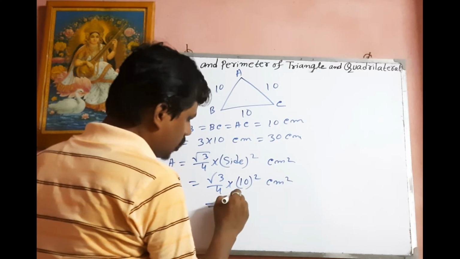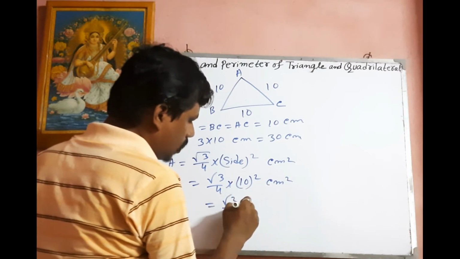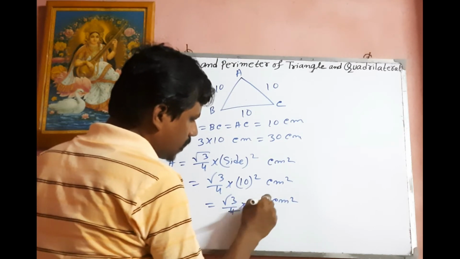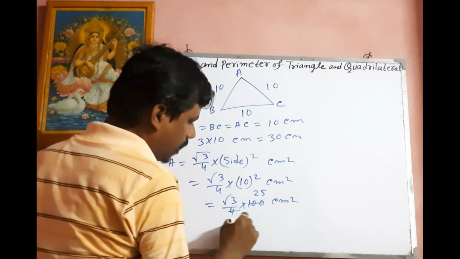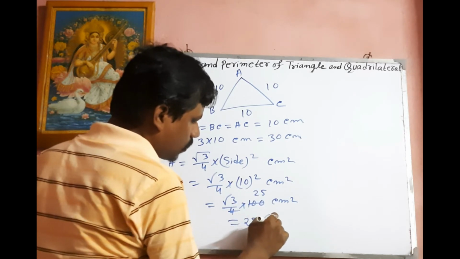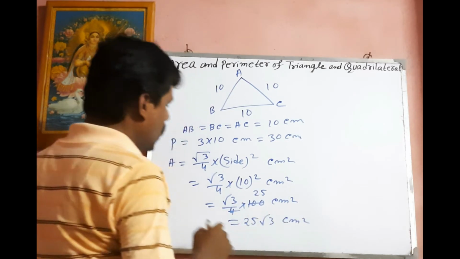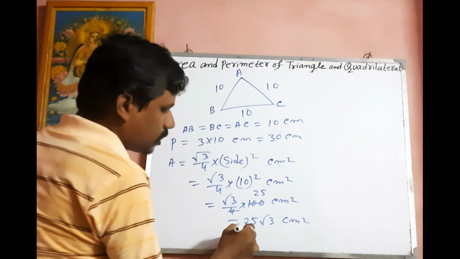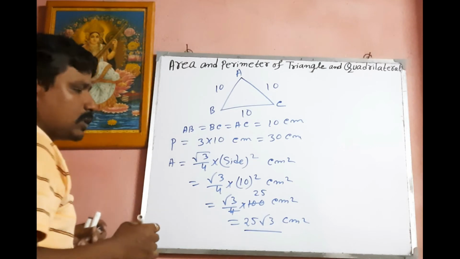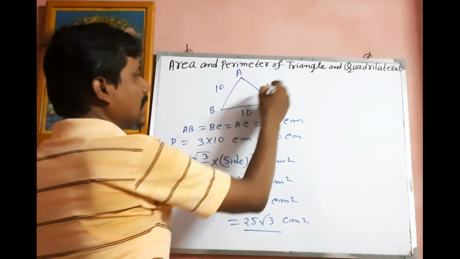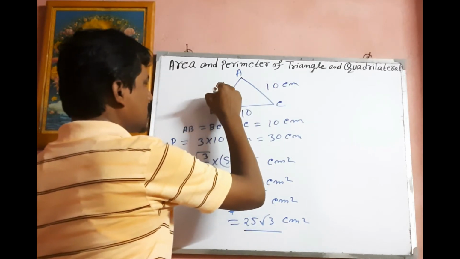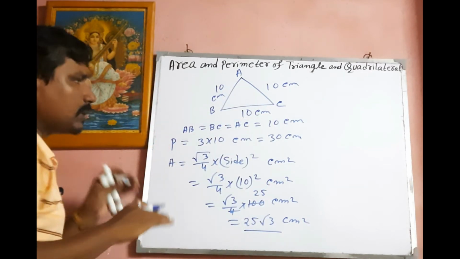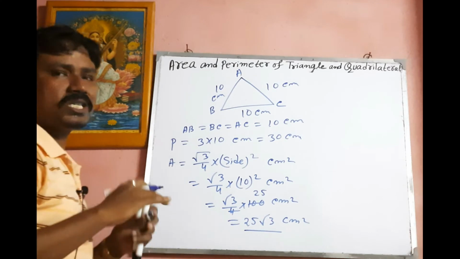So this is root 3 by 4 into 100, and this is centimeter square, 25 root 3 centimeter square. So the area of the equilateral triangle is 25 root 3 centimeter square, if we take centimeter as the unit. This is the complete perimeter and area of the triangle.